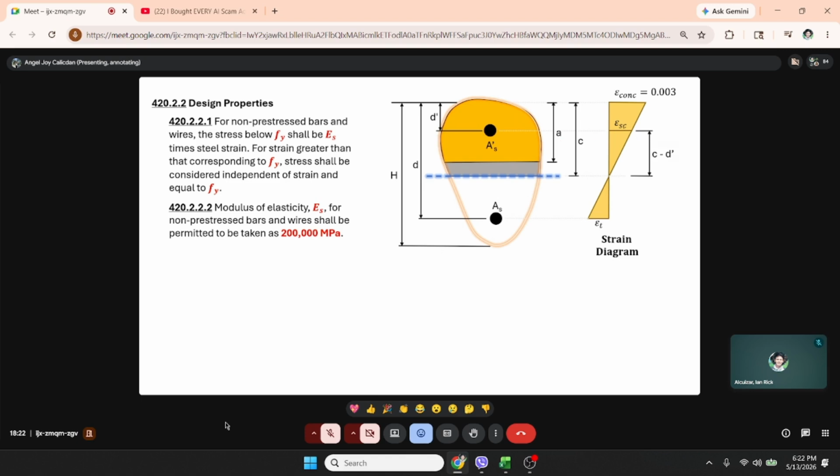So, since from here to here is d prime, and we want the distance from here to here, we subtract d prime from c. And this distance is just the effective depth minus c.